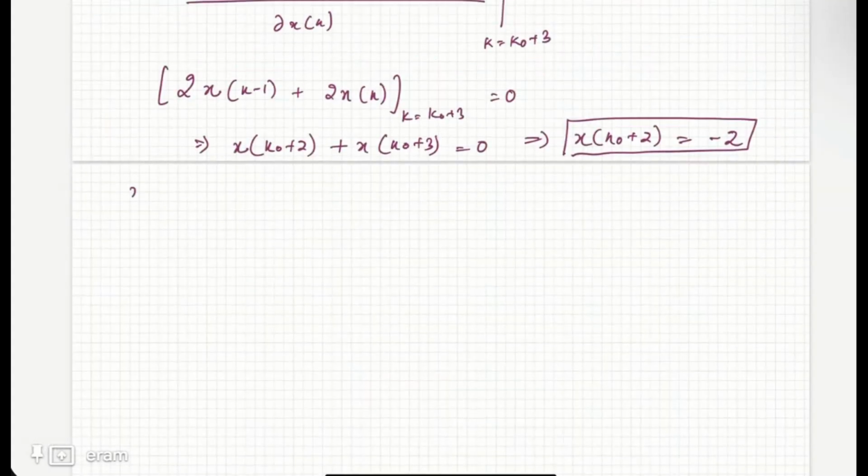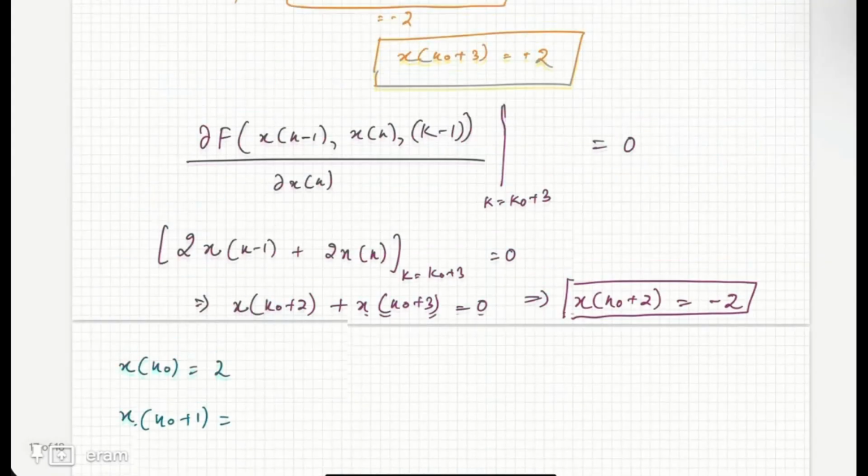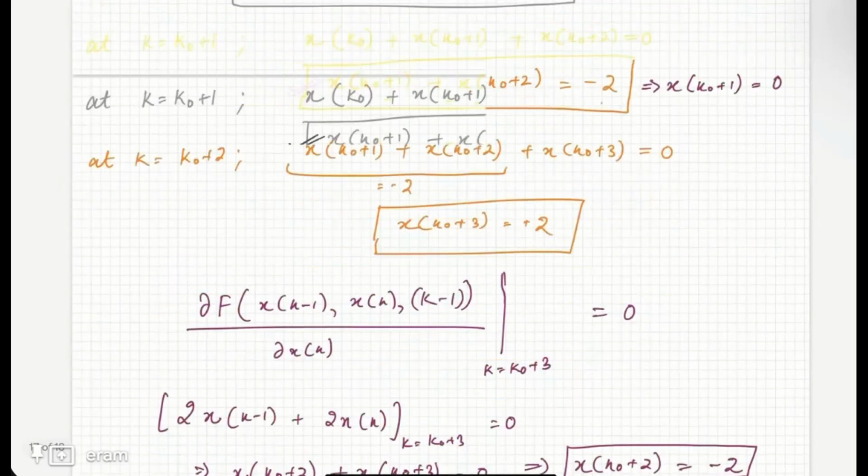Okay, so we have calculated all the expressions. So x of k naught was given as 2. Let's write it neatly. So x of k naught was given to us as 2. X of k naught plus 1 we calculated as 0.